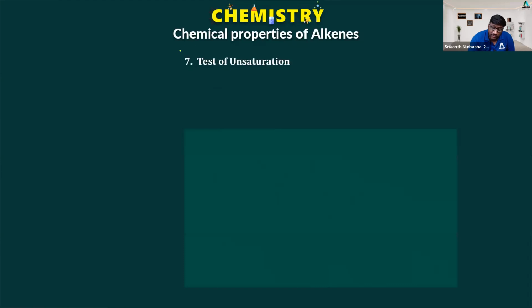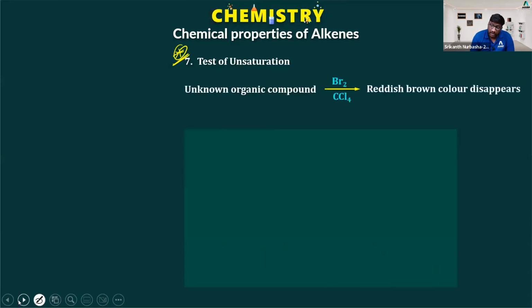Will this reaction act as a test of unsaturation? Because the bromine water decolorizes or not. Unknown organic compound with Br2 in the presence of CCl4, the reddish brown color disappears. Whatever color the bromine water possesses, as soon as it reacts with the unknown organic compound, if the color is lost, that means the unknown organic compound should have unsaturation.